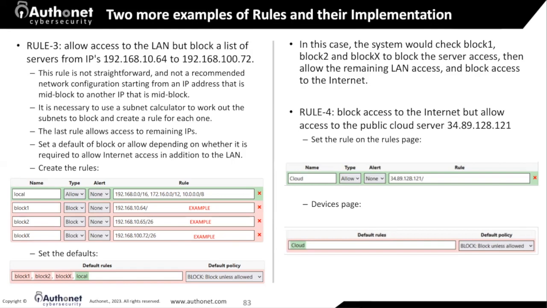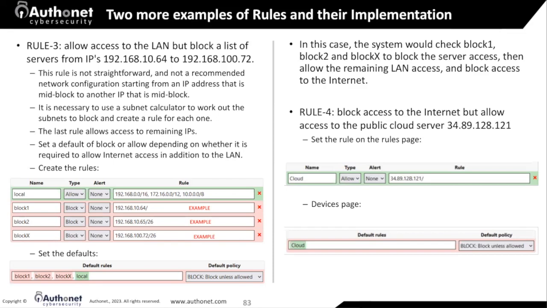We're going to allow access to a range of IP addresses, but then we're going to specify the servers that we're going to block. And so it's always a good thing when a network is being configured to add the servers in one block of IPs.